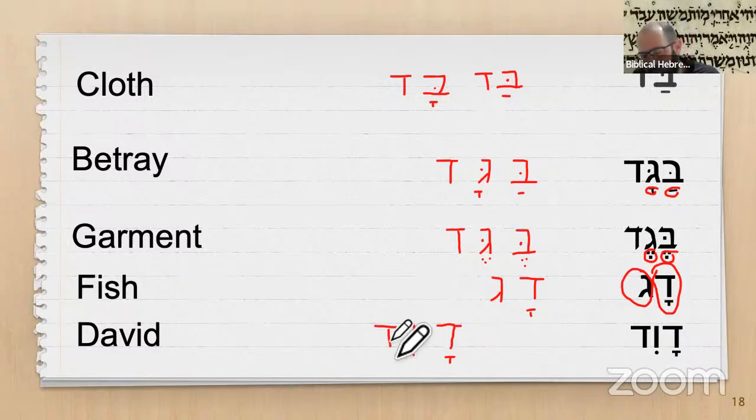So the right way to pronounce the name of David in Hebrew is David. This is da, and this is e, hirik. So this is in Hebrew the name of David.